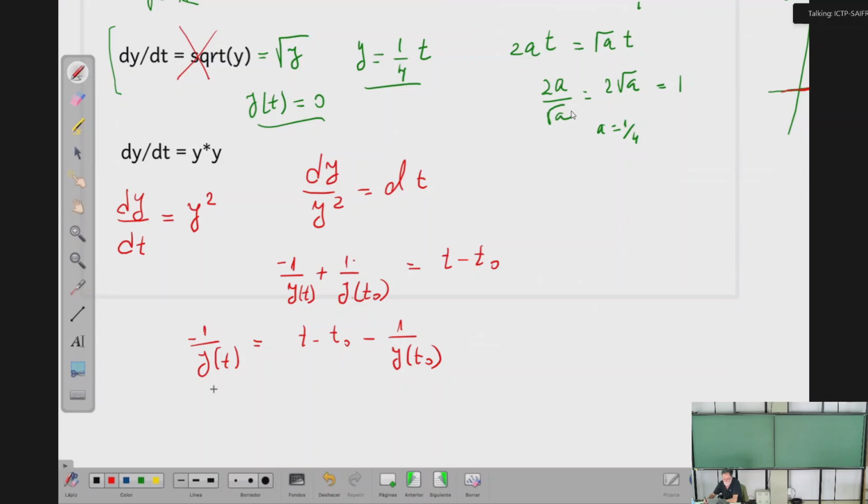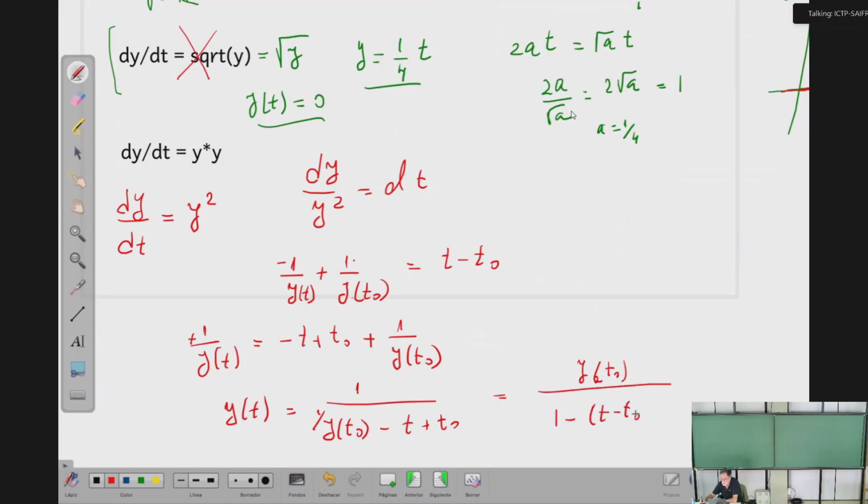So we change the sign, and then y of t is 1 over y of t0 minus t plus t0, or y0 over 1 minus (t minus t0) times y0.